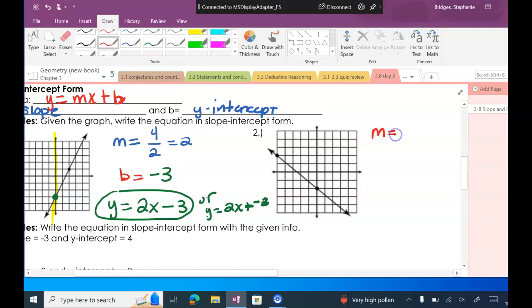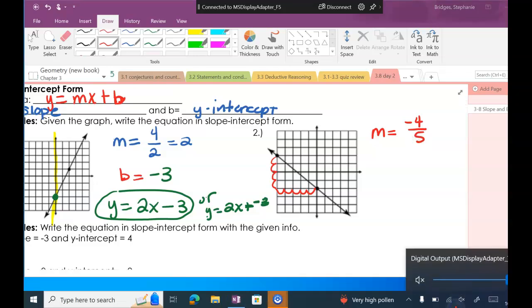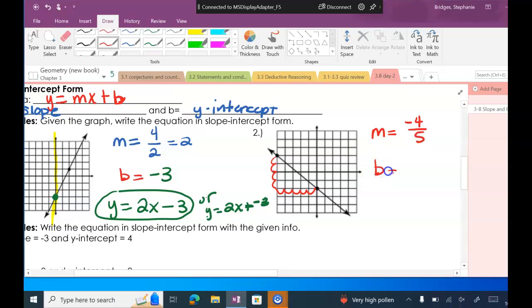What kind of slope is this one going to be? Negative. 1, 2, 3, 4. 1, 2, 3, 4, 5. Did y'all get a negative 4/5? And where does it cross my y-axis? What number? Negative 2.